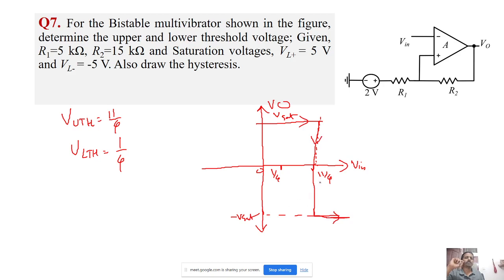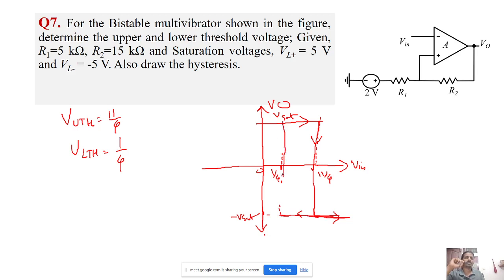And now when the output is minus V sat, what will the threshold voltage be now? Lower threshold voltage is this one, right, 1 by 4. So when the input voltage reduces back to 1 by 4 voltage, or the input goes below 1 by 4 voltage, what happens?